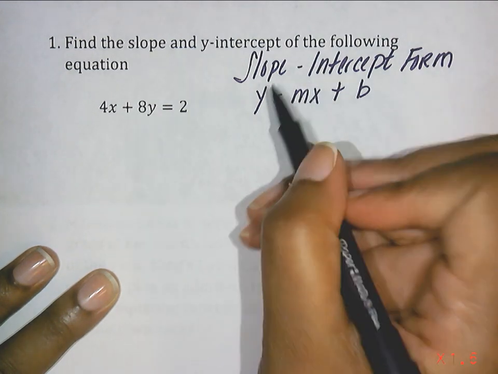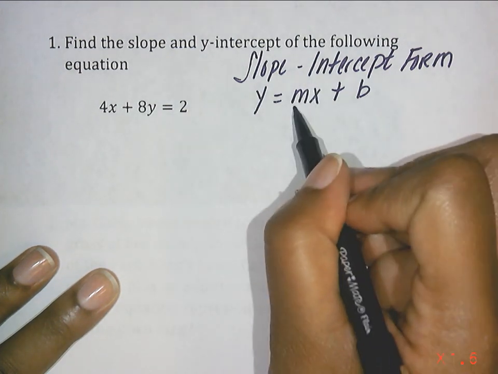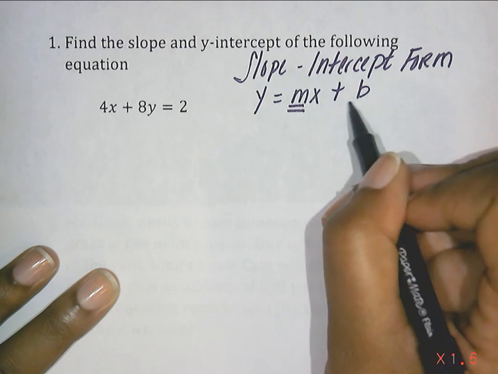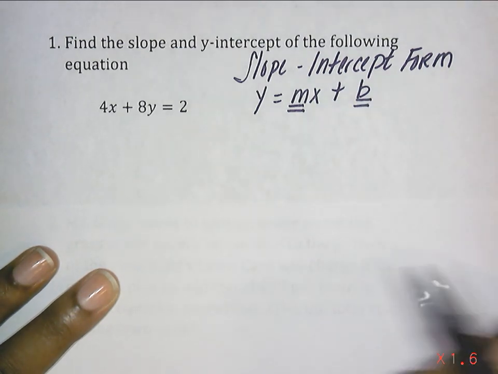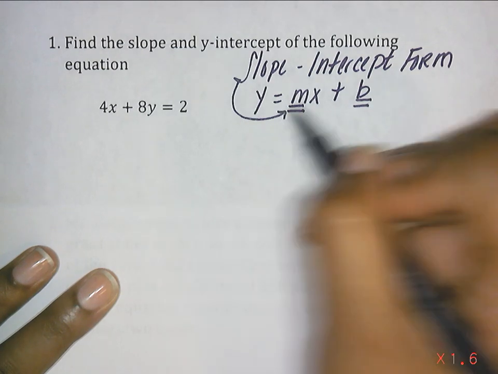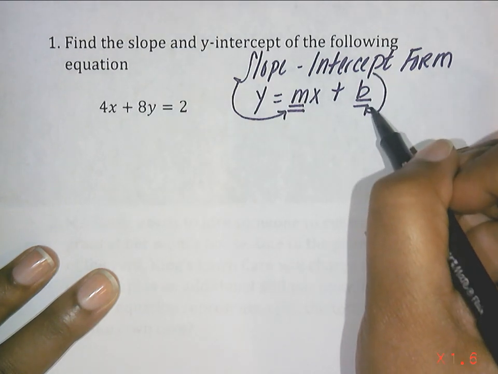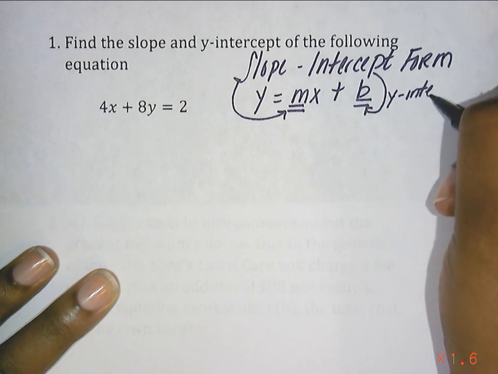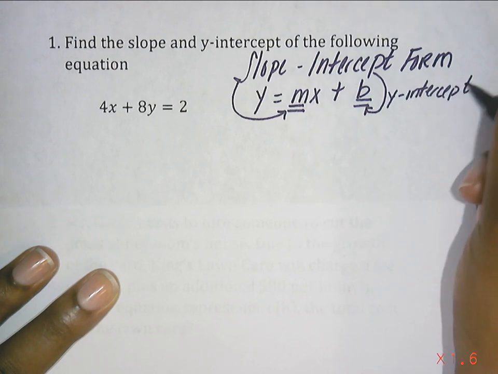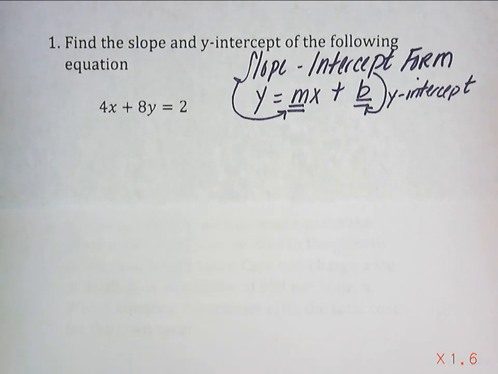This is the perfect name for slope intercept form because in order, m is the slope and b is the y-intercept. So it's labeled slope intercept, but that's the y-intercept. That's just a little bit of information because in this class we'll deal with x-intercepts as well as y-intercepts.